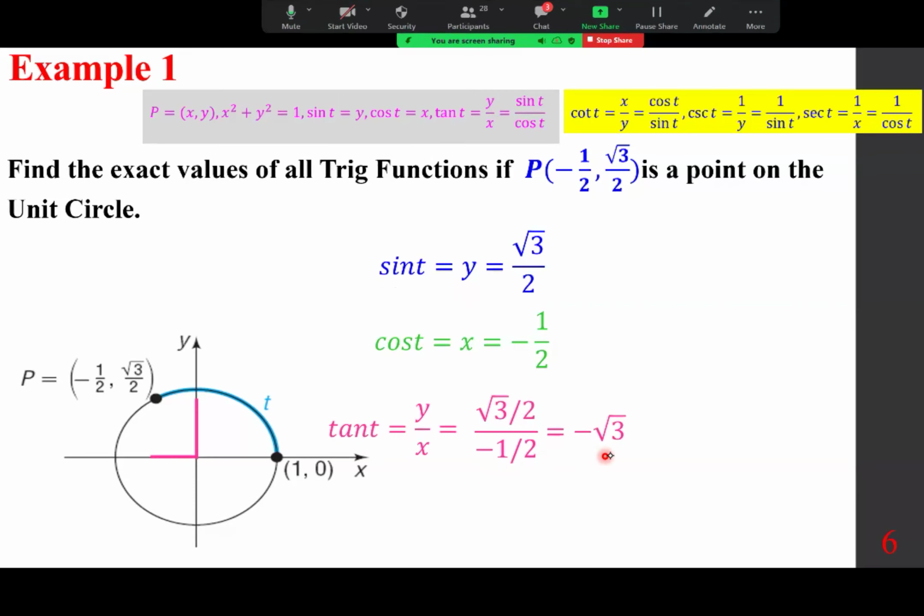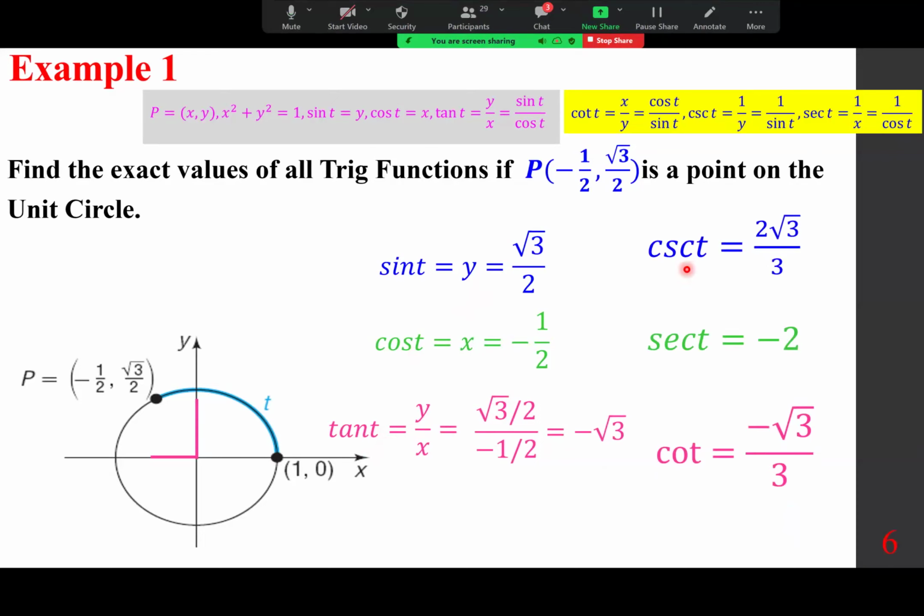The rest of them are just the reciprocals. The reciprocal of sine is cosecant, the reciprocal of cosine is secant, the reciprocal of tangent is cotangent. So cosecant is the reciprocal of that, which means 2 over square root of 3.